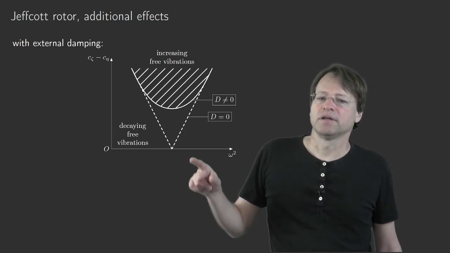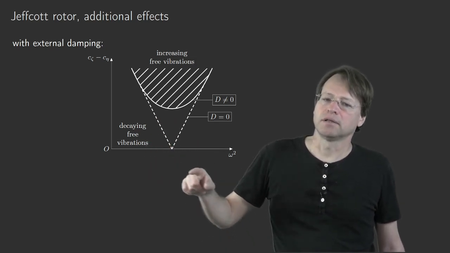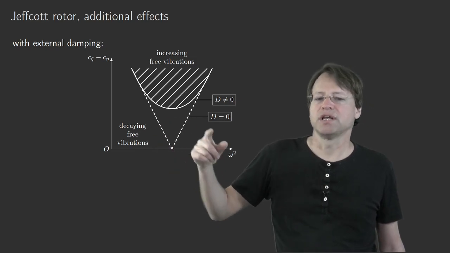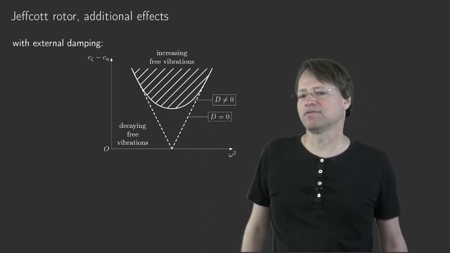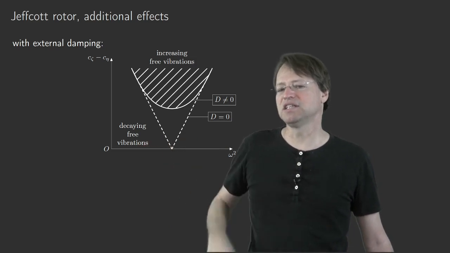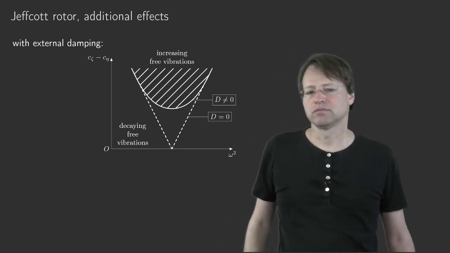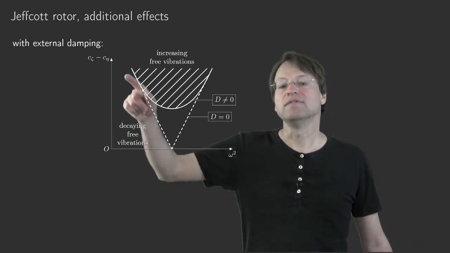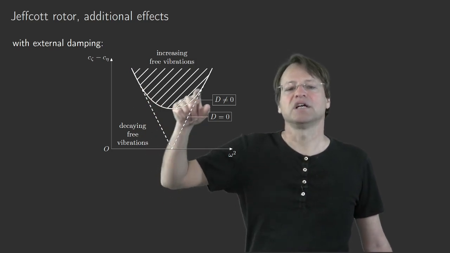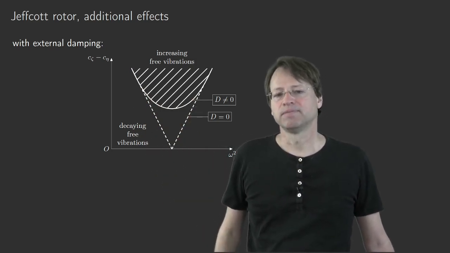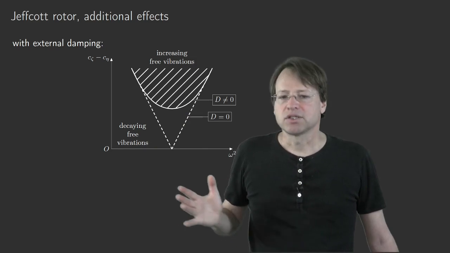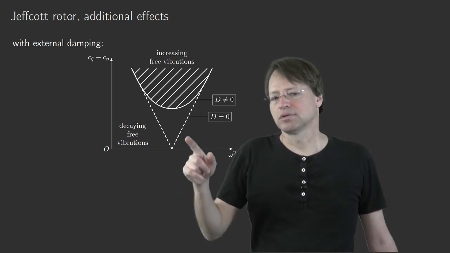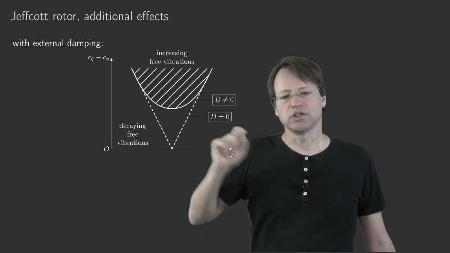If you have damping, then you will find a small amount of values where you have still decaying free vibrations, so that wedge becomes a little bit less sharp than before, but still there is no reason to operate your rotor in that range here.